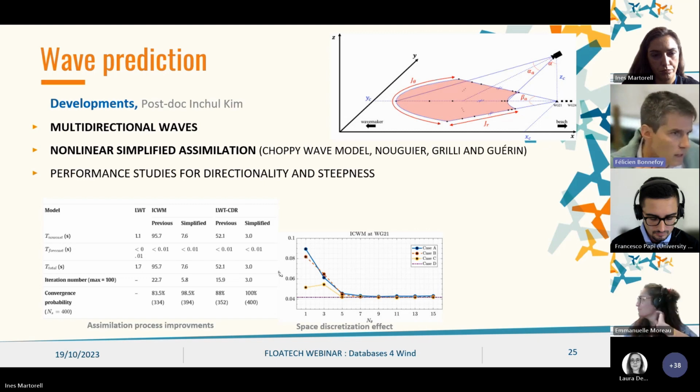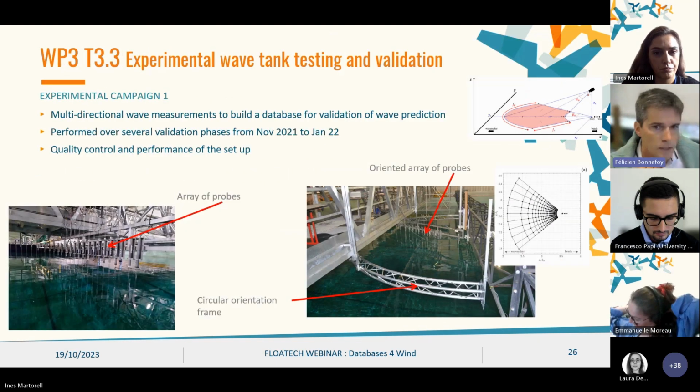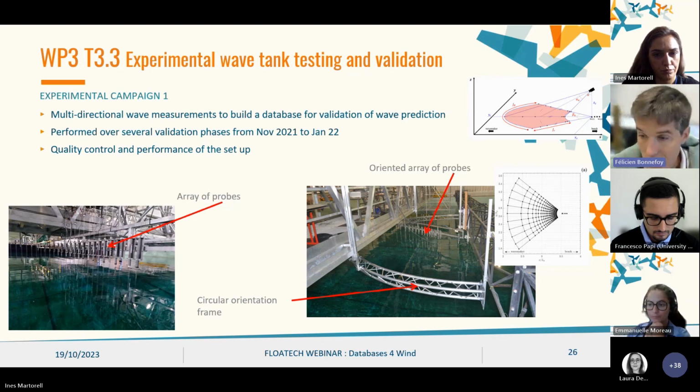So if we move to the next slide, we'll see the experimental data system that we set to mimic that radar, LiDAR, camera measurement. On the far right, you see a diagram with the setup of probes we've been using.